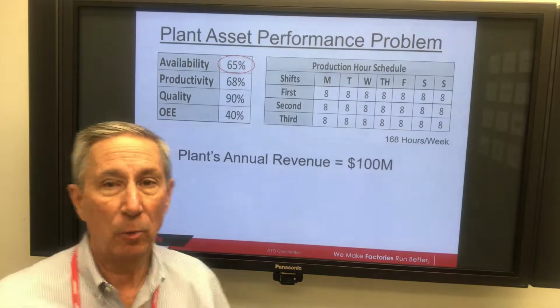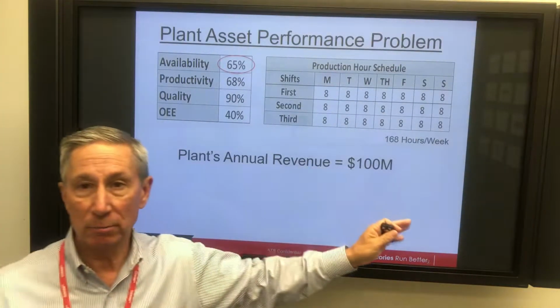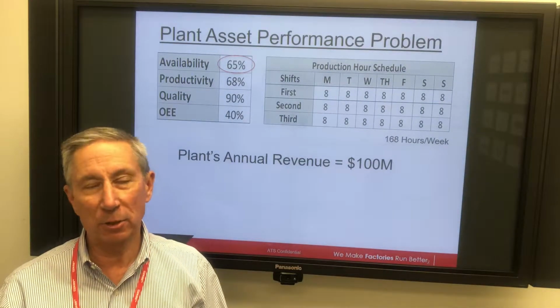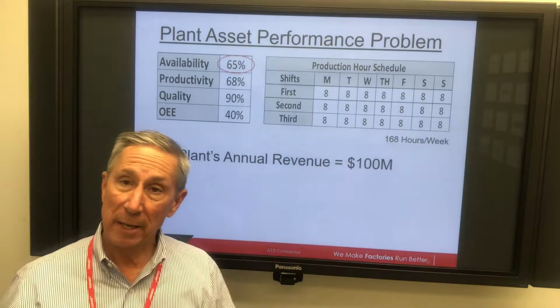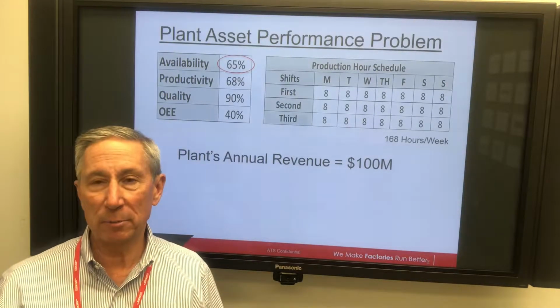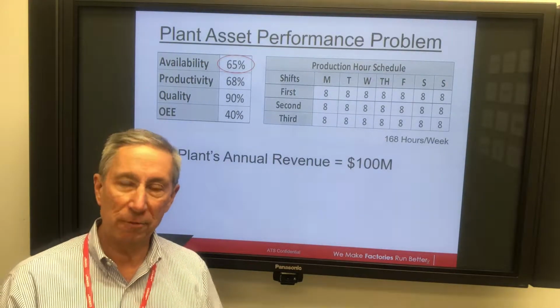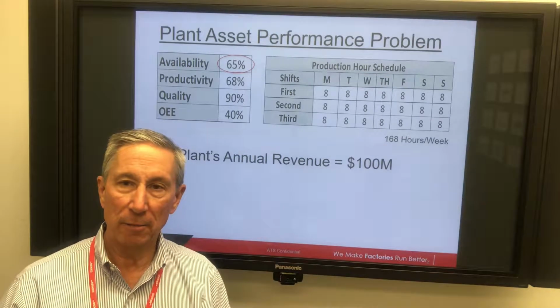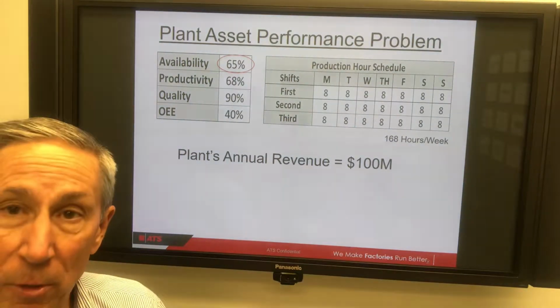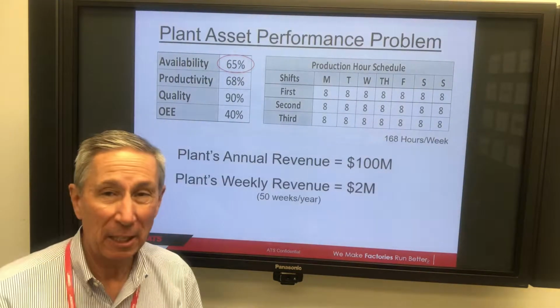So I said, what's the annual revenue? $100 million. I said, okay, so if you think about $100 million, what is that per week? And if you think about 10 holidays and you rough some numbers out, let's use 50 weeks, a rough number just to make the math work, of runtime. So that's roughly $2 million of revenue a week.